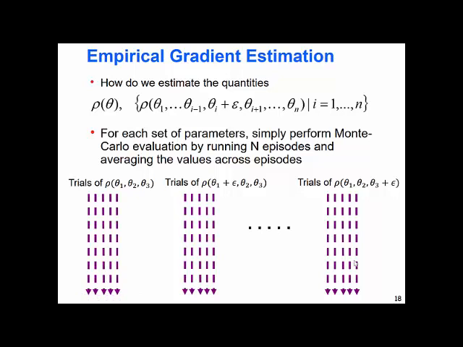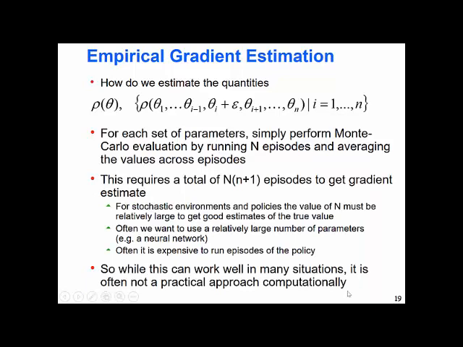So if there are little n parameters and big N episodes to estimate each one, you're going to have little n times big N episodes that you have to run. And so that could get expensive. This is a lot of experience. It can be done in parallel. You can parallelize this very easily. This would be a nice thing to parallelize with Ray because these are completely independent.